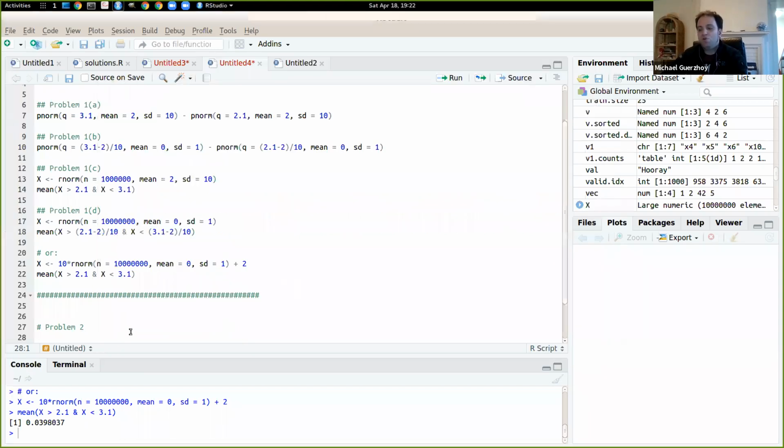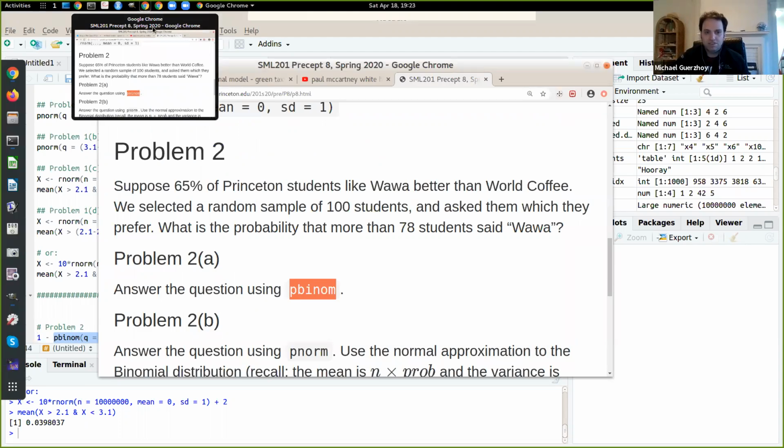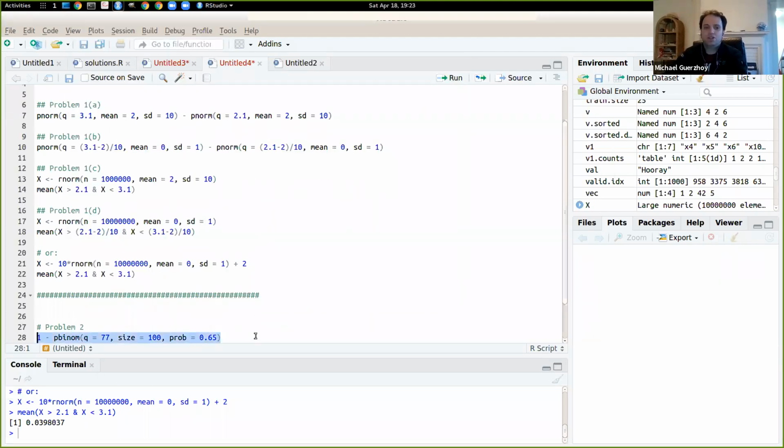So 78 or more, that means we need to exclude 77 or less. So we'll do 1 minus pbinom. q is equal to 77, size is equal to 100, prob is equal to 0.65, right? So this is the probability of 77 or fewer yeses. 1 minus that is the probability of 78 or more, which is what we need. So this probability is this much, so not a lot, but whatever.